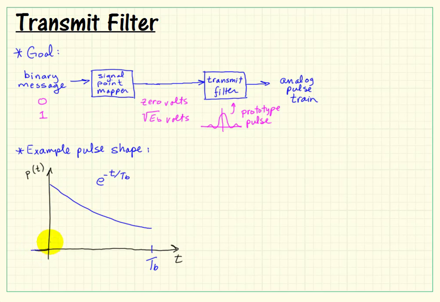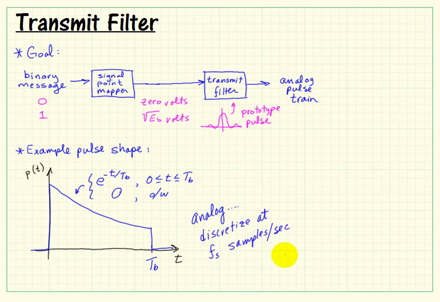But let's have this extend over our bit interval t sub b, and it's 0 outside that interval. So only non-zero values within the range 0 to t sub b, and 0 otherwise. This is not necessarily a good pulse shape to use for communication systems, but it does give us something easy to talk about right now.